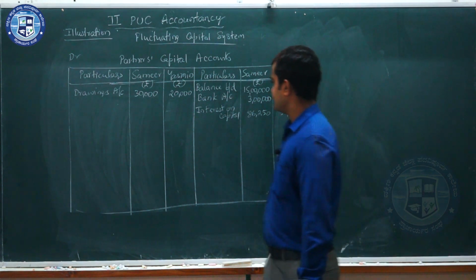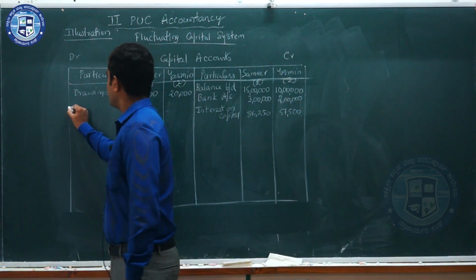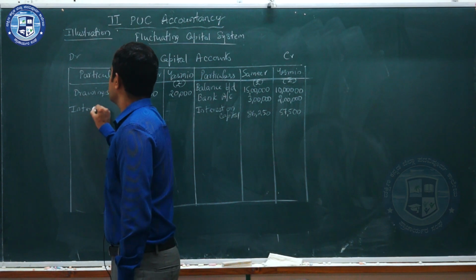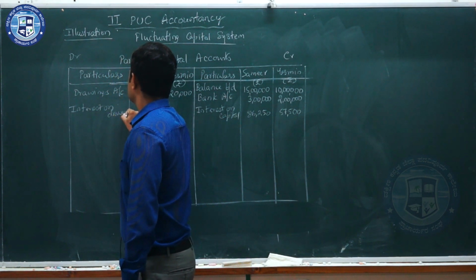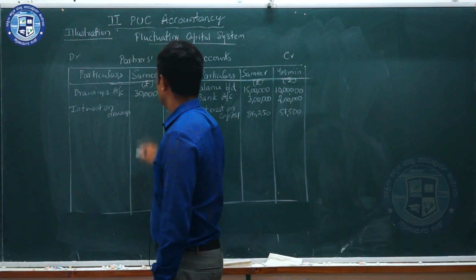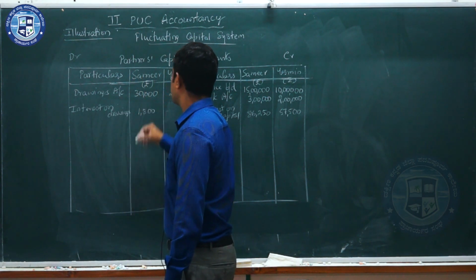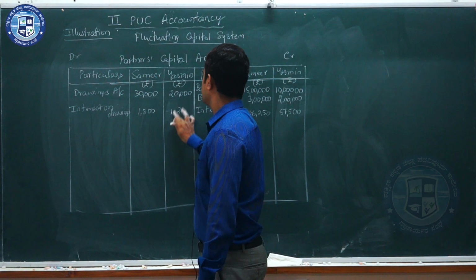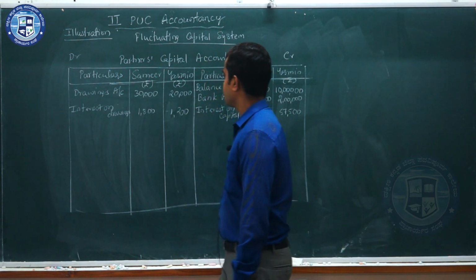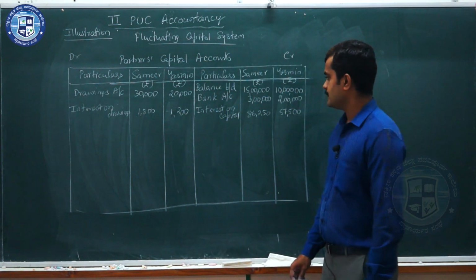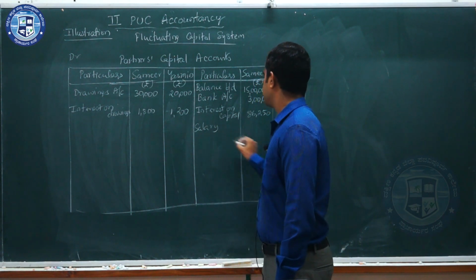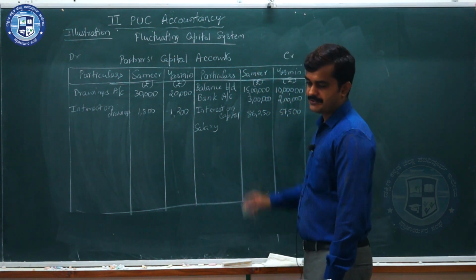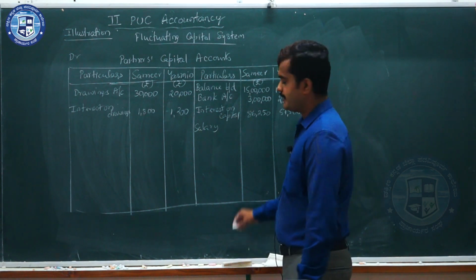Next is interest on drawings. On the debit side, 1,800 for Samir, 1,200 for Yasmin. Next is salary to Yasmin. It is 20,000.